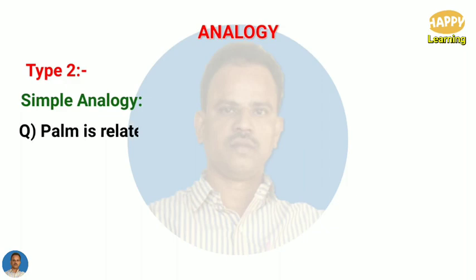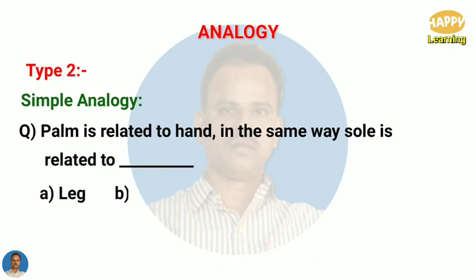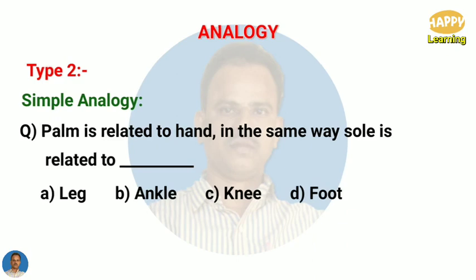Palm is related to hand in the same way sole is related to dash. The options are leg, ankle, knee, foot. Palm is related to hand.